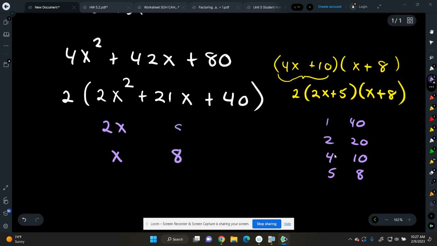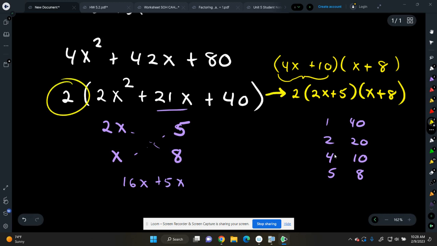Okay, so you want to do 5 and 8 like that? Yeah, so once you list your factors, sometimes you can see it faster. So this is going to give me 16x plus 5x, which is 21x. So that's going to factor, right? We already did it up here. Don't forget your 2, that stays with it. 2 times 2x plus 5, x plus 8.